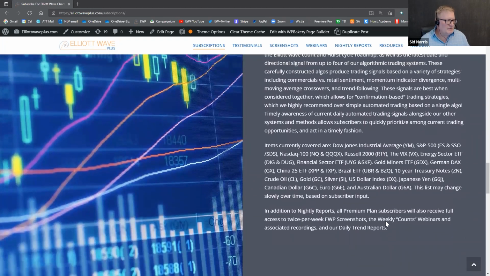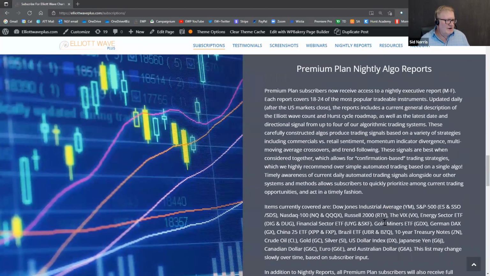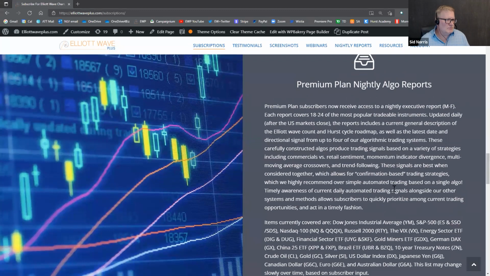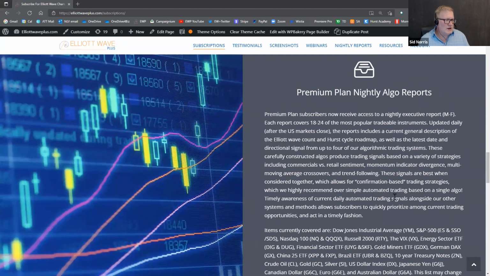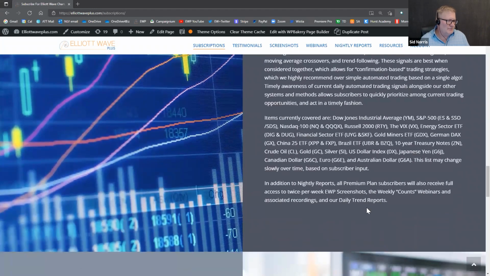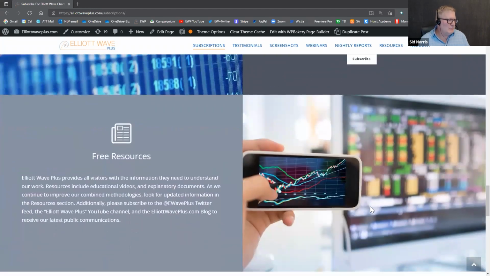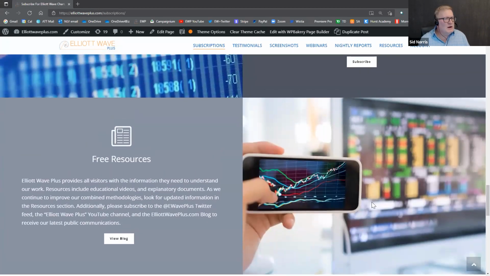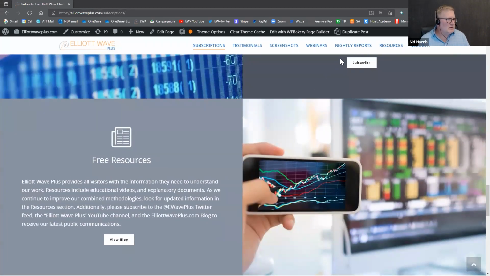So there's 4 different levels of service: $25 a month, $75 or $70 a month, $100 a month, and $200 a month. And as you move up the scale, everything including the lower price plans is included in each more expensive plan.